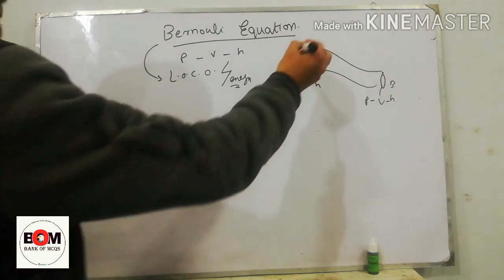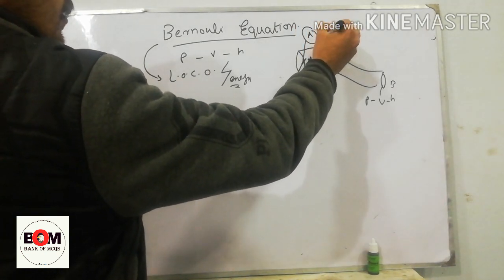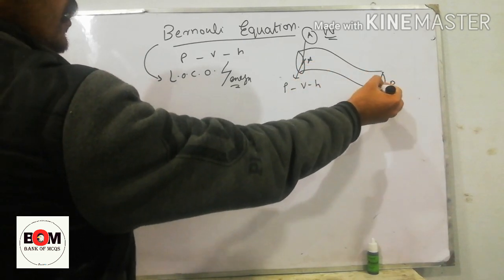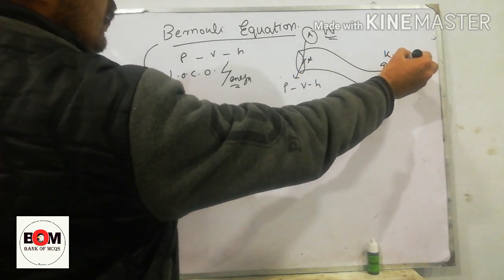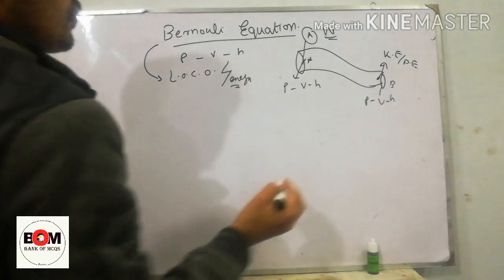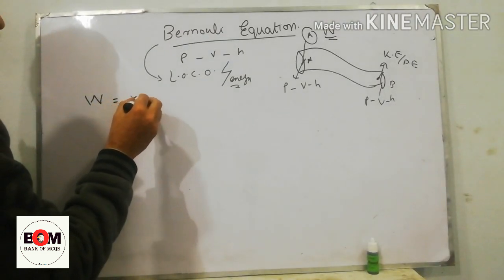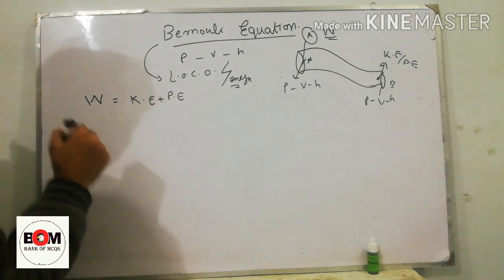For point A, there is total energy, or we call it W. If this fluid comes from A to B, it will get some energy that may be in the form of kinetic energy or potential energy or both. So the total energy that appears as work done is equal to kinetic energy plus potential energy.